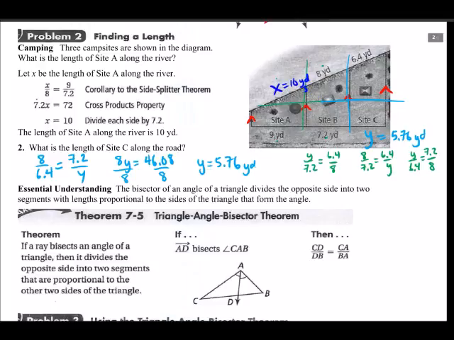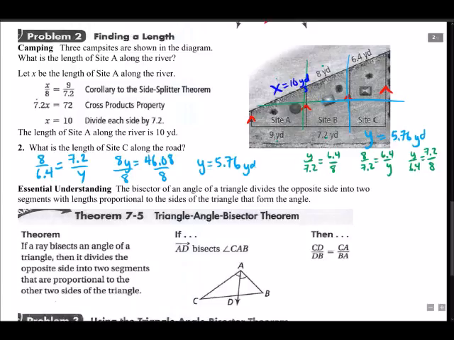Now, if you did not use the same proportion as I did, that's fine. I wrote out 3 more possibilities here. I did y to 7.2, which means 6.4 would go to 8, or 8 to 7.2, 6.4 to y, the up and down, just like it's written.